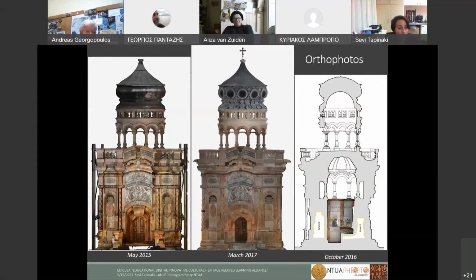Here we can see the east facade in May 2015 and March 2017, initial and final phases, and one cross section of the tomb with an orthophoto.